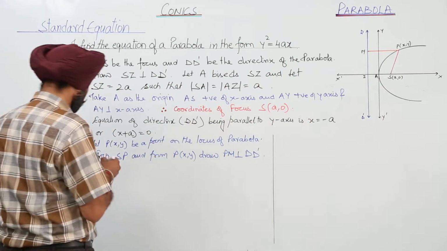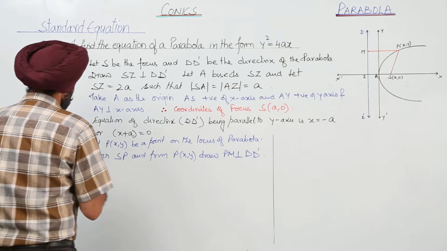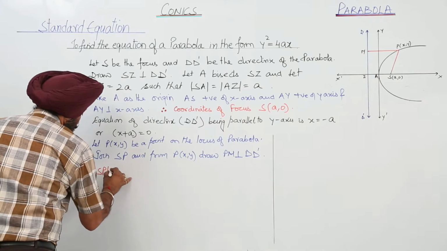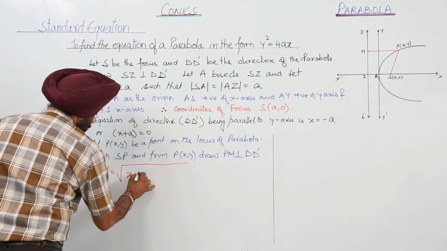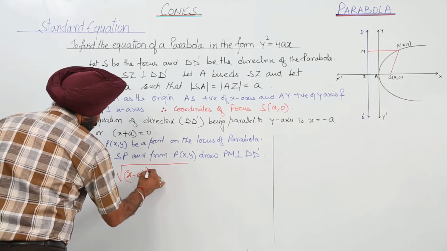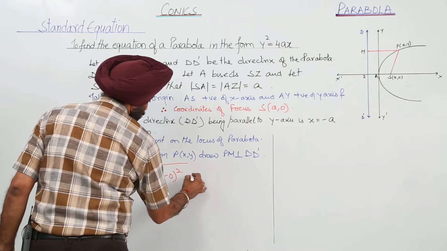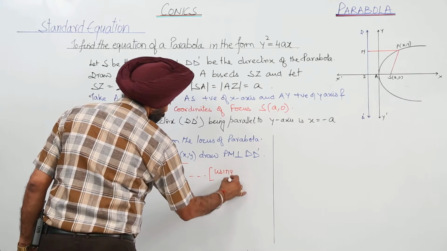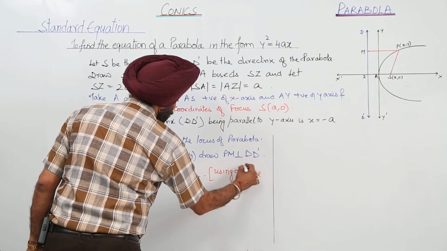Now, SP is equal to the square root of (x minus a) whole square plus (y minus 0) whole square, using the distance formula.